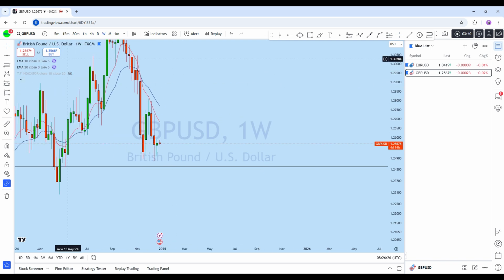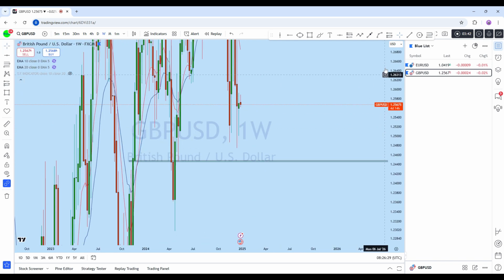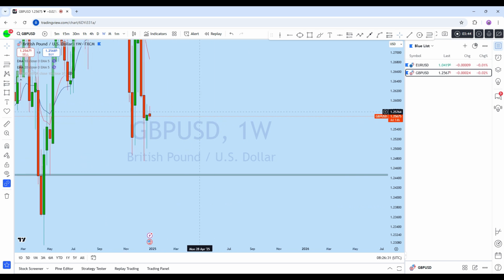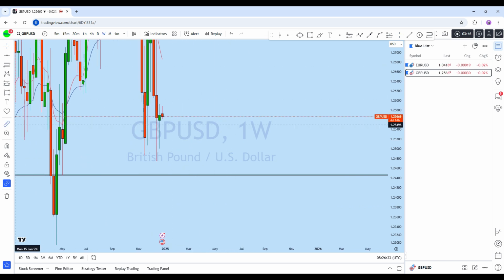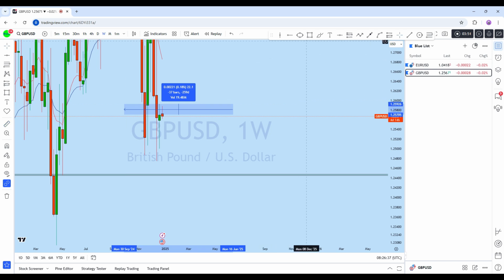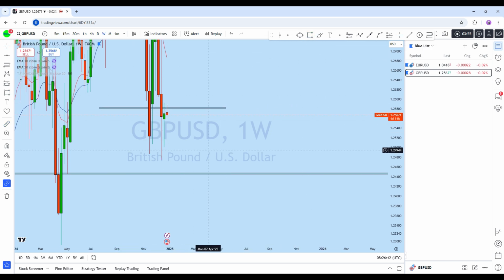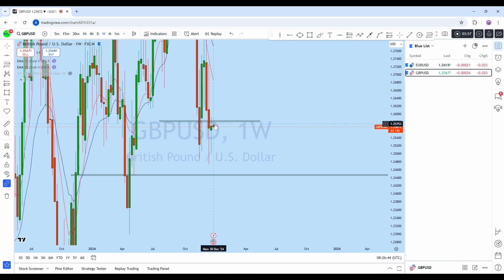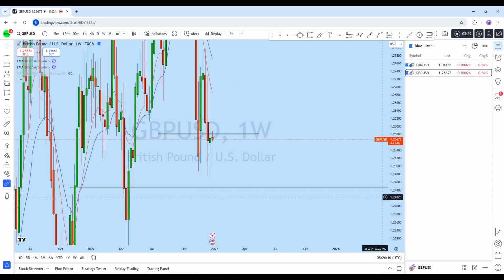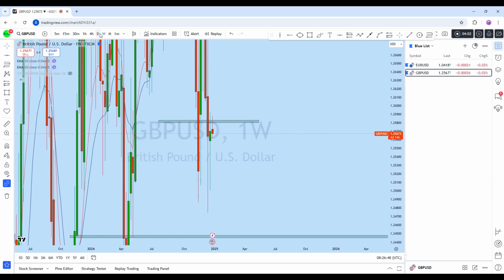Now looking at the weekly perspective on British pound US dollar, there is a weekly doji formation, and the price also tested the upper shadow of this weekly doji. The market tested the upper wick and is slowly breaking below this level, so we expect GBP USD to come back down to create a new lower low.